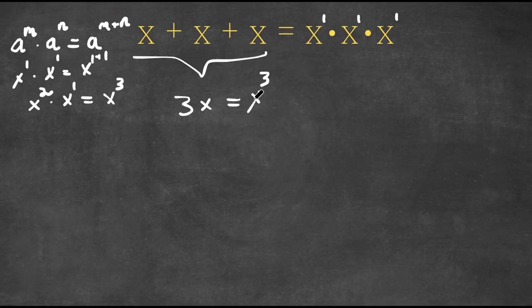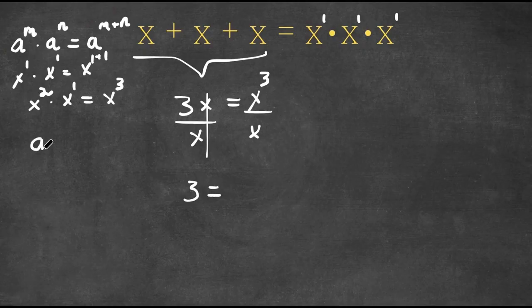So now what I'm going to do is divide both sides by x. For the left-hand side, these two cancel out, so I'd simply have 3 is equal to, now if we have something in the form a to the power of m over a to the power of n, this is equal to a to the power of m minus n.